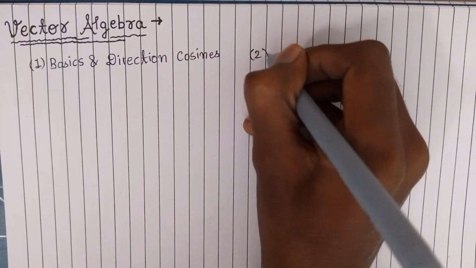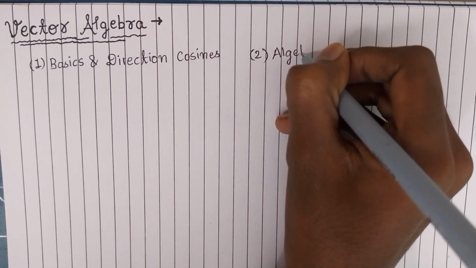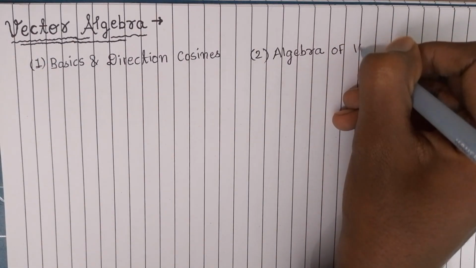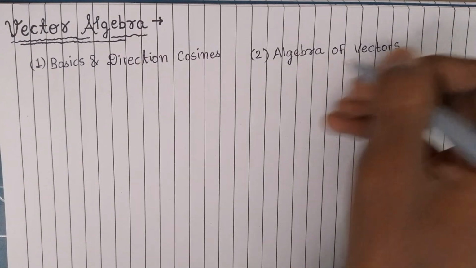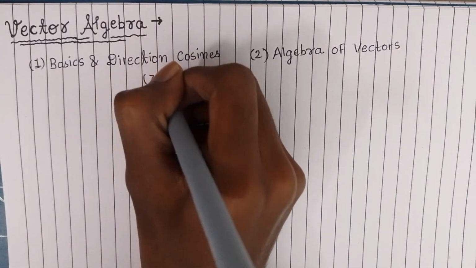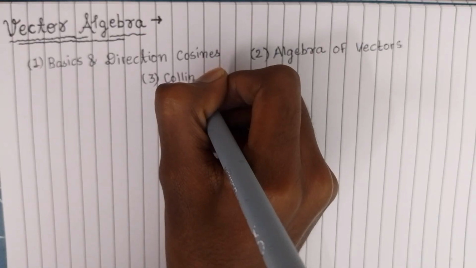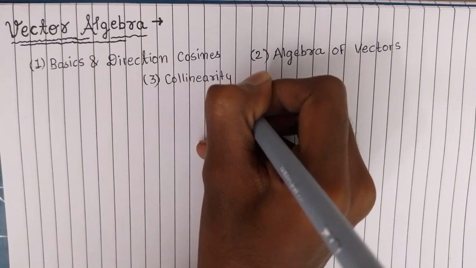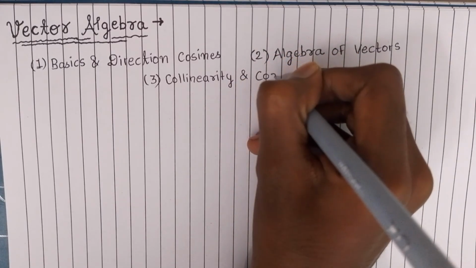Second is algebra of vectors, and third is collinearity and coplanarity.